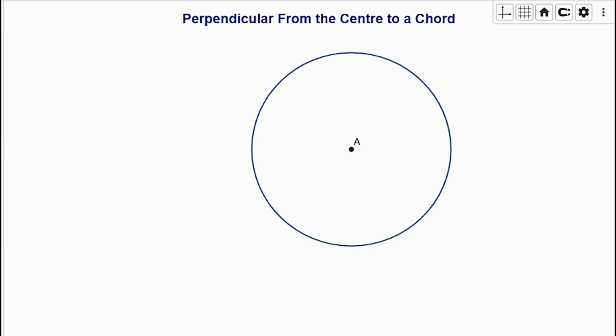Now our first theorem is about the perpendicular from the center to a chord. For this, we take a point A and draw a circle taking some radius. Now on the circumference of this circle, we take a point B and a point C. By joining these 2 points B and C, we draw a chord BC of length 10 centimeter.